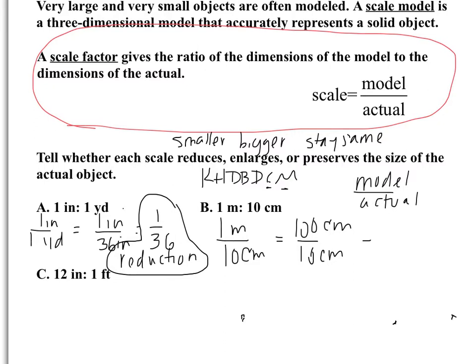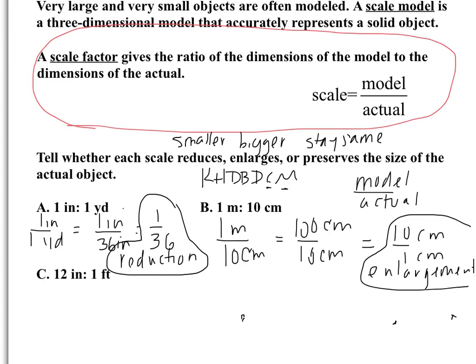Now, we need to reduce this. Okay, so now we have 100 divided by 10. 100 divided by 10 is 10. So since it's 10 over 1, 10 centimeters over 1 centimeter, since we ended up with a whole number, 10, that is an enlargement because it is larger than 1. Okay, so 10 over 1, or 10, is an enlargement.